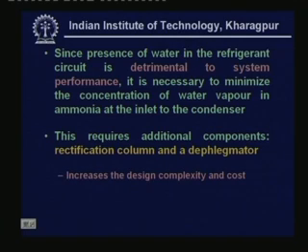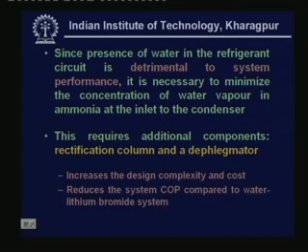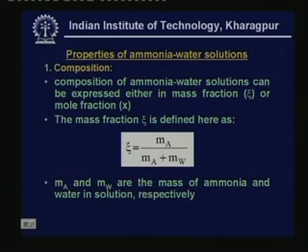As a result, the design of ammonia water systems is more complicated, and the cost also is higher because of the additional components. Not only that, due to these additional components, the system COP is also reduced when you compare it with water lithium bromide systems. So, these are the main differences between water lithium bromide systems and ammonia water systems.